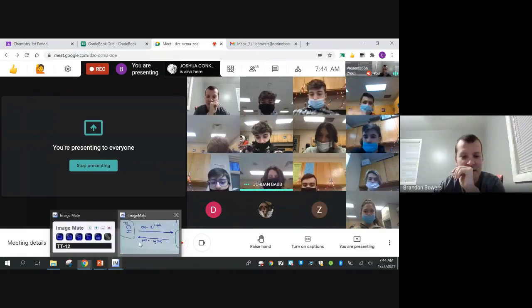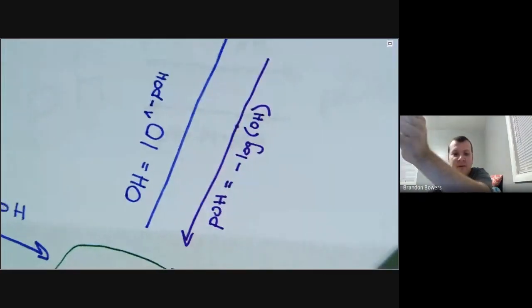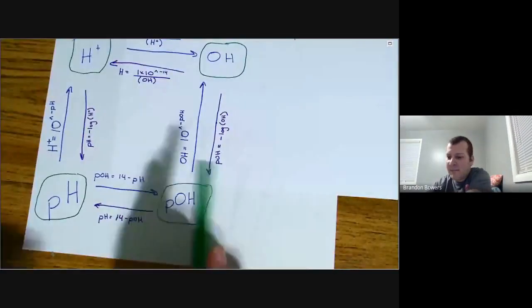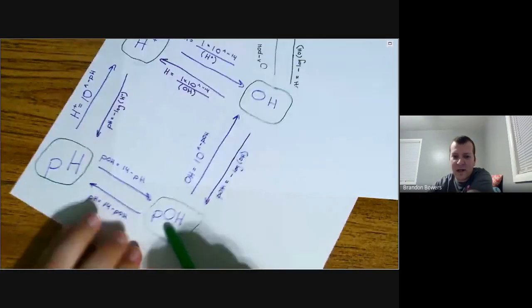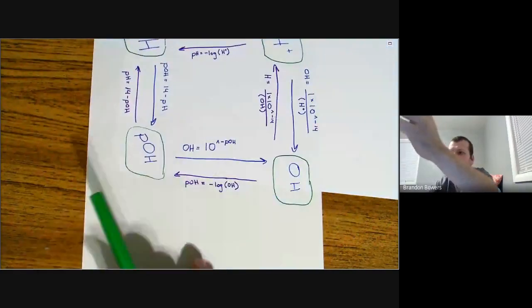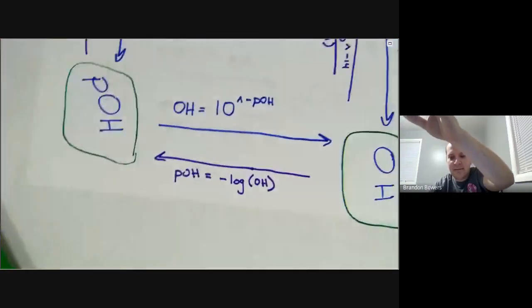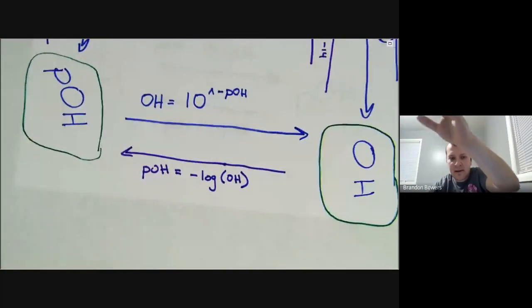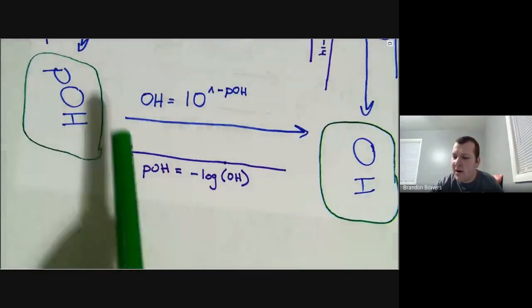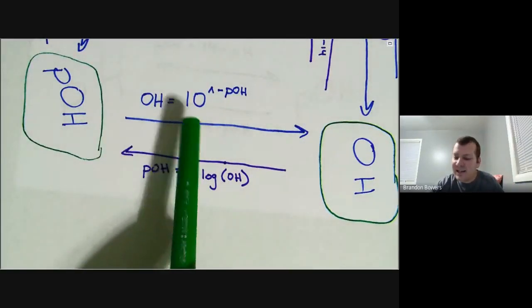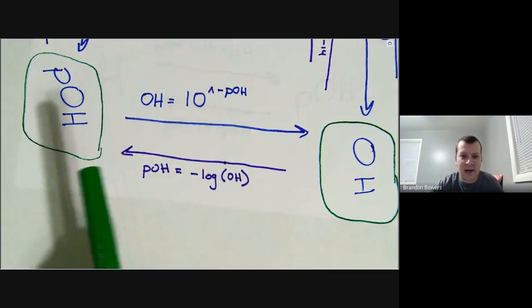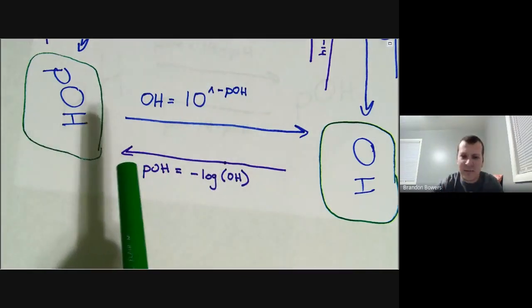Fair enough. All right. So once again, if I zoom out real quick, we already got the bottom of the square done. We're working on the side, and here are the two equations on the side. OH- is equal to 10 caret. The caret means exponent. I wrote caret because that's what you plug in the calculator.